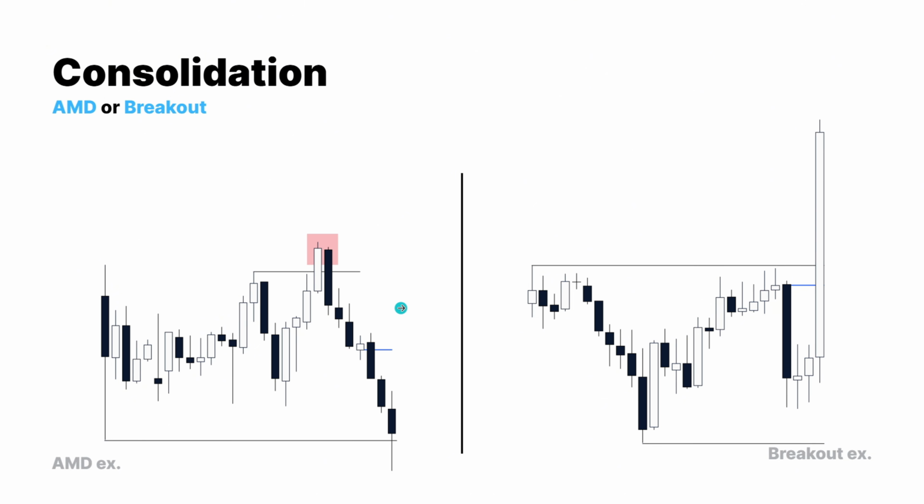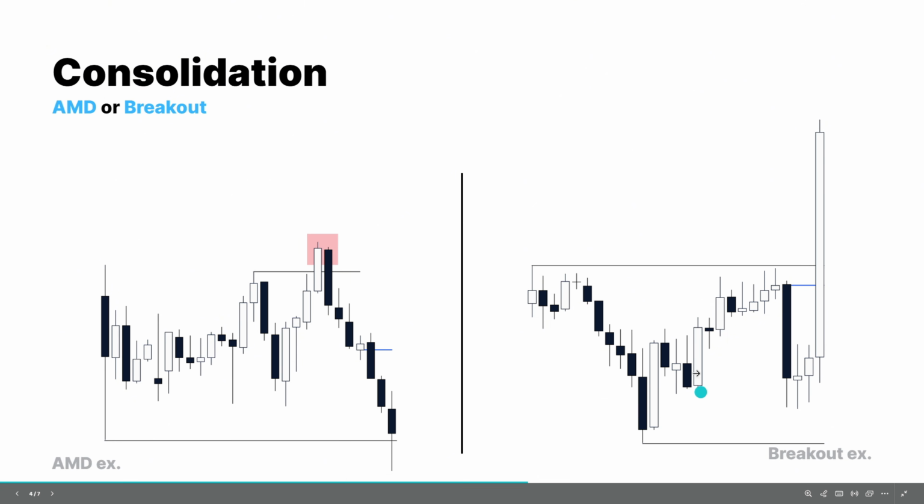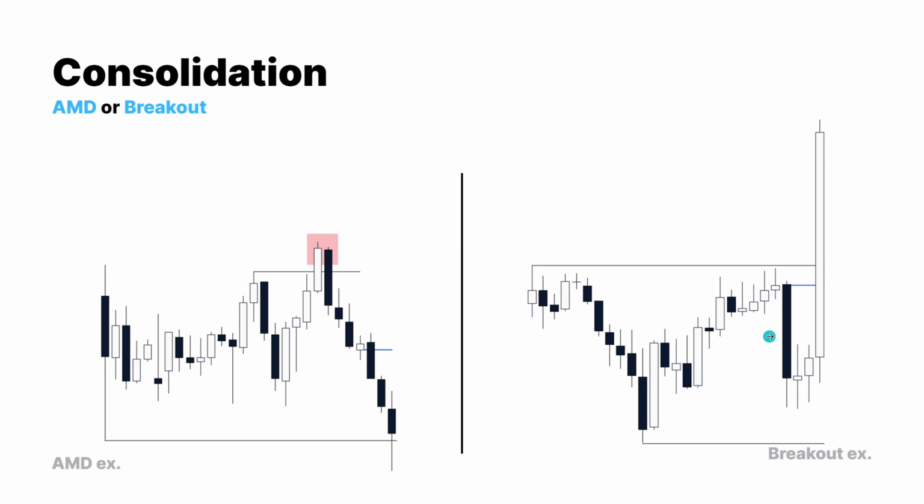But then we have the breakout. For instance, we are looking for longs here. The breakout happens when we do not manipulate any sort of high or low. We just break out of the range, which is kind of in the name. So we have our highs and lows marked out of the consolidation. We see that price isn't reacting to anything. But then we have this breakout.